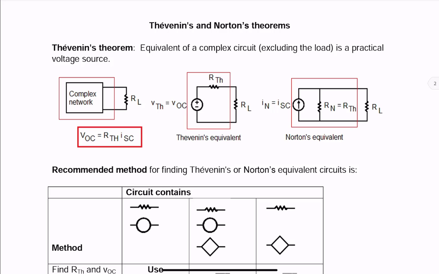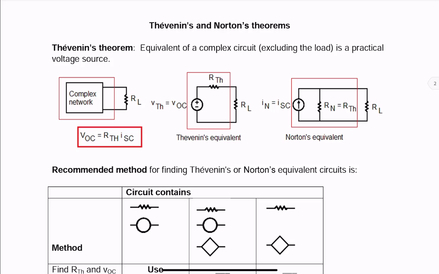Thevenin's theorem, basically, if you are interested in a load resistor or a network B in general connected there, we simplify a complex network into a practical voltage source, V Thevenin or V open circuit, and R Thevenin, look inside the box, or Norton's equivalent, which is a practical current source.